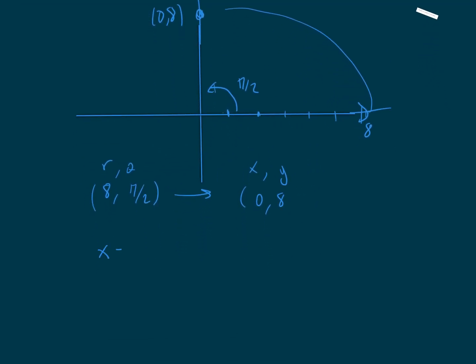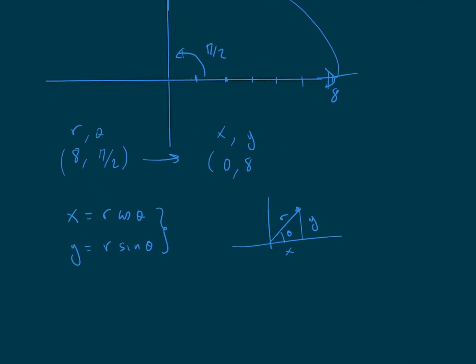The x is r cosine of theta. The y is r sine of theta. Why? Because this is the point x and y, this is theta, and this is r, and it's clear from the figure that r squared is x squared plus y squared, and that r cosine of theta is the x.